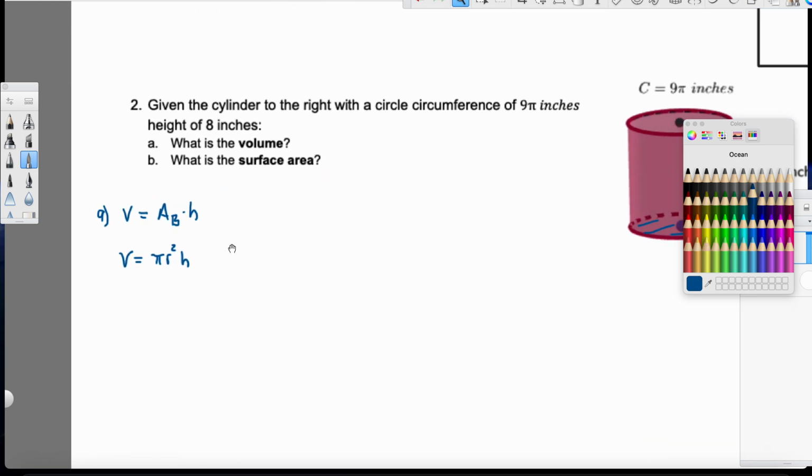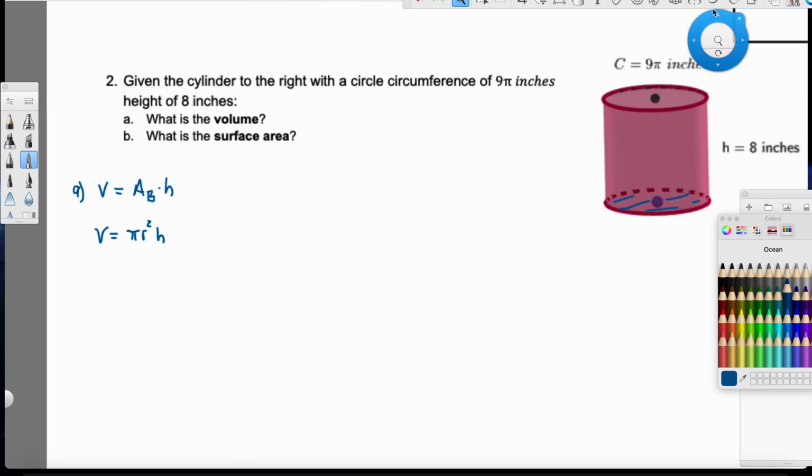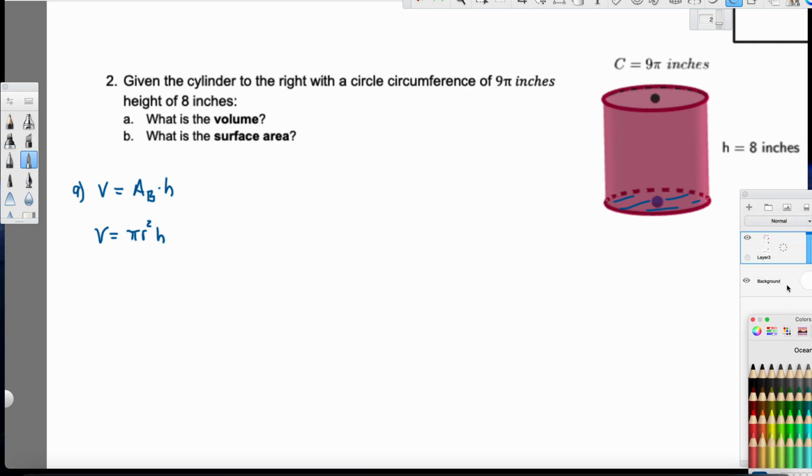All right, so what is my r and what is my h? Well, my h is 8, and my r we don't directly know. But we are given the circumference is 9 pi inches.